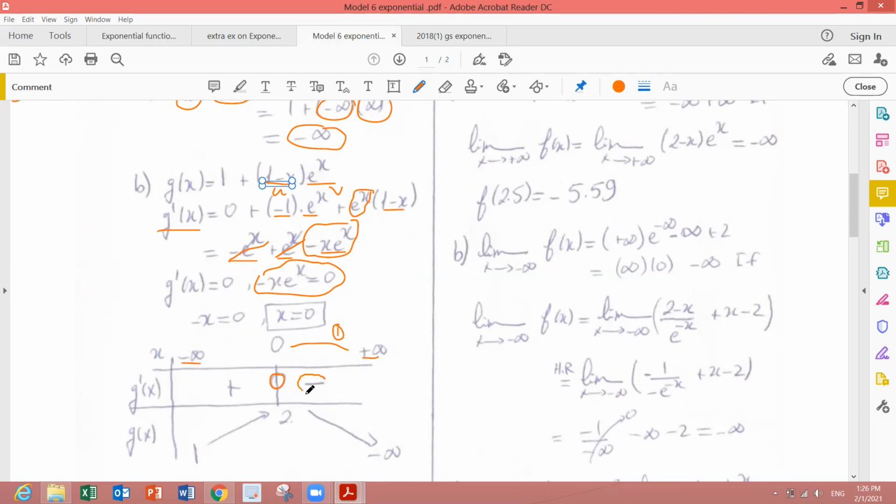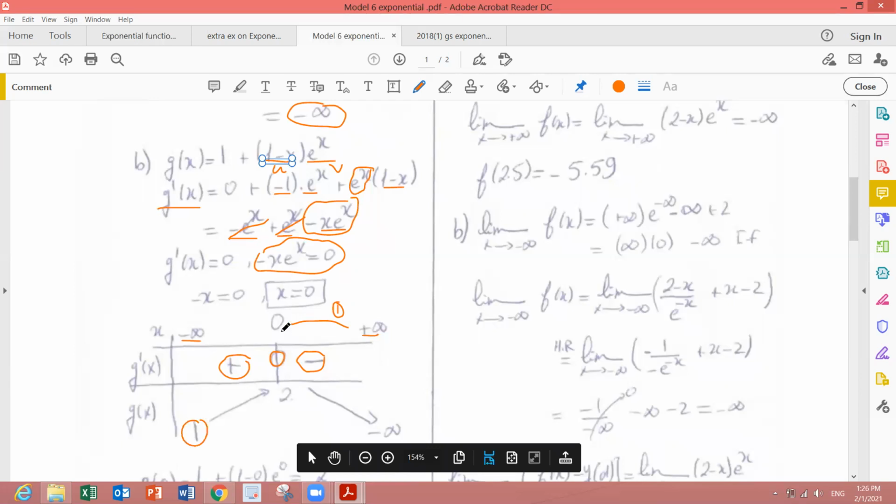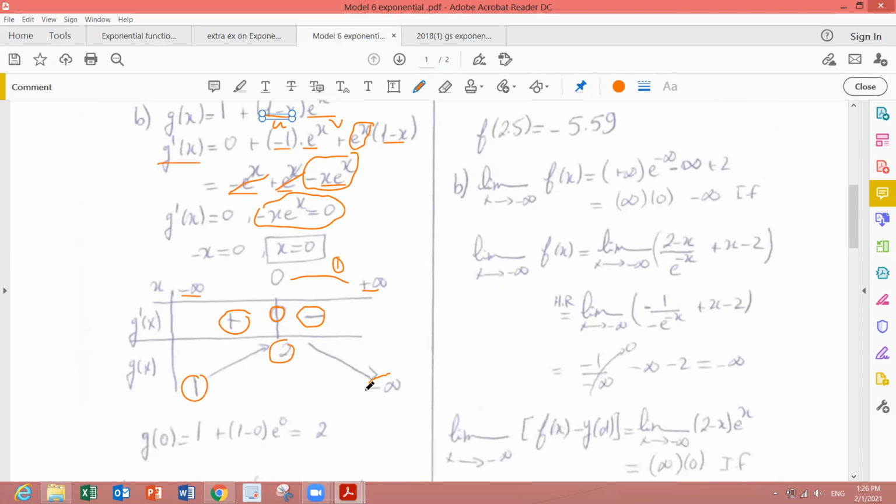So here negative, here is positive. Now, at minus infinity, the limit is 1. g of 0 is 2. The maximum is 2. At plus infinity, the limit is minus infinity.